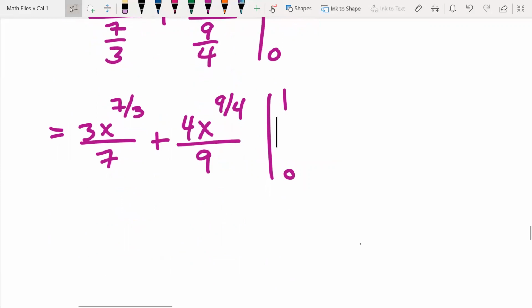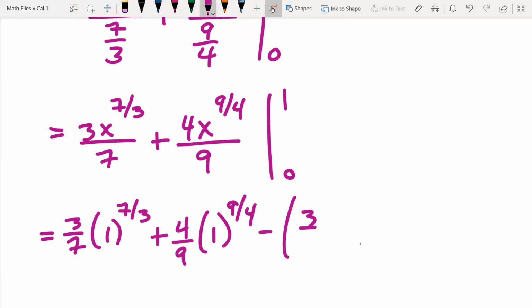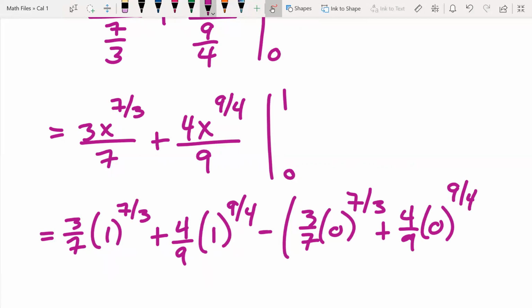Okay. And now evaluate, and we'll get 3/7 times 1 to the 7/3 plus 4/9 times 1 to the 9/4 minus, and all of this isn't going to matter because it's going to become 0, right?